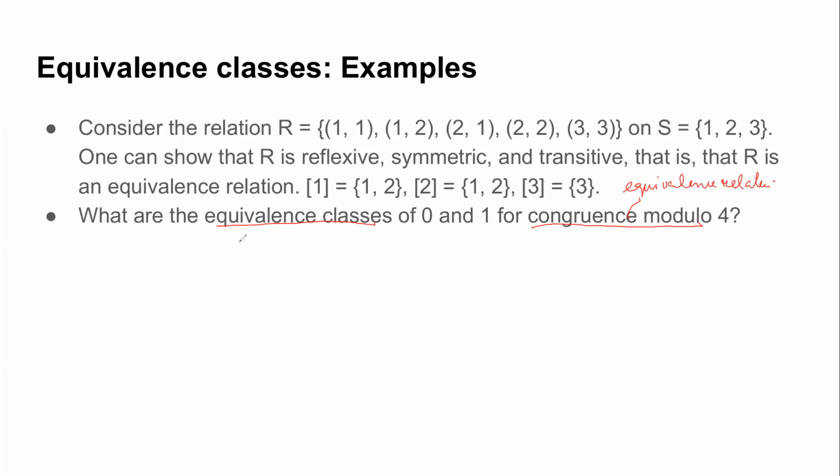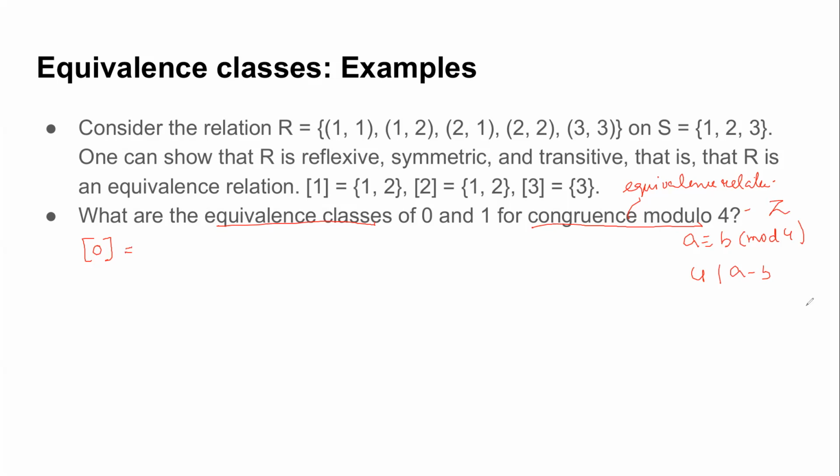Now, suppose I ask you what are the equivalence classes of 0 for congruence modulo 4, that is this relation. So what we need is that 4 perfectly divides a minus b. Can you tell me, on integers, what are the equivalence classes of 0?